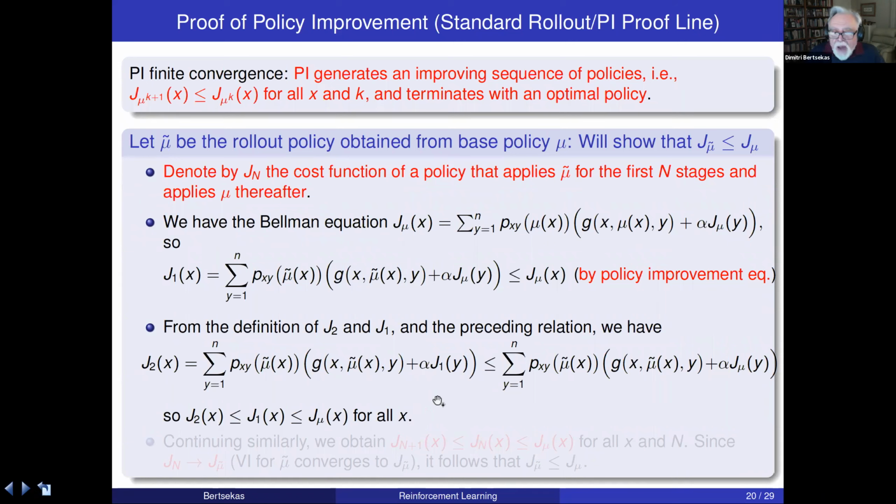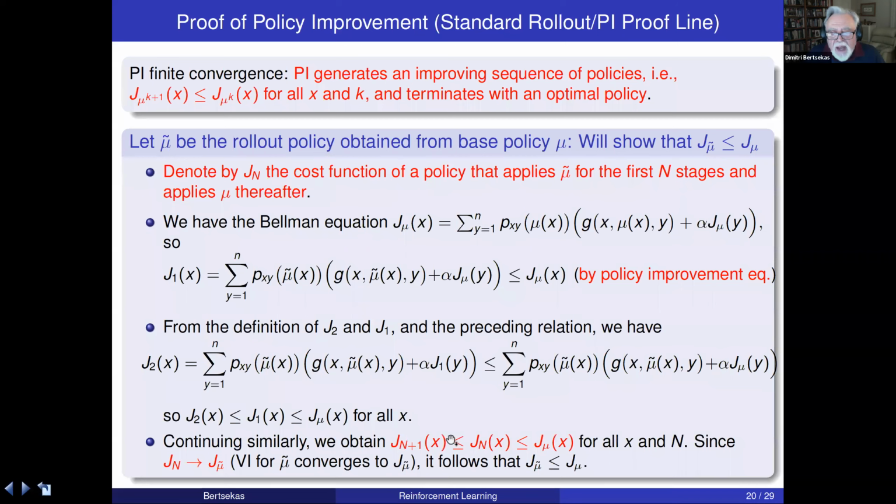And I can go backwards. It's really what we call a monotonicity argument, generating a monotone sequence of functions that starts with J mu and goes downward for all n and for all x. On the other hand, what is J n? It is the cost function of a policy that applies mu tilde for the first n stages and mu thereafter.